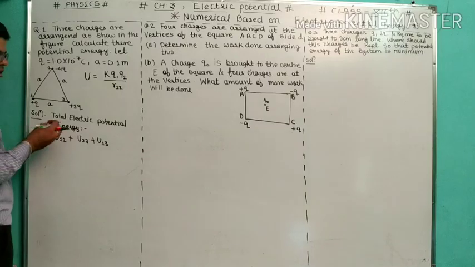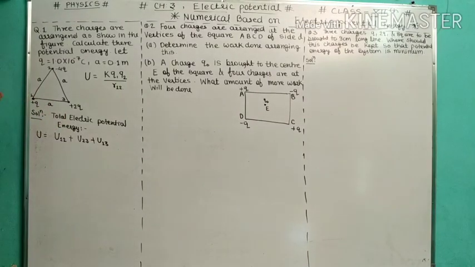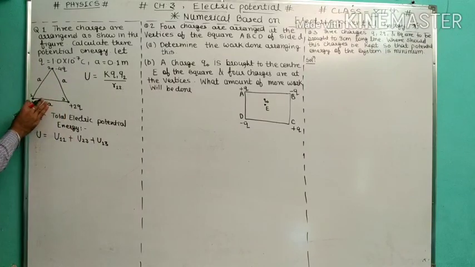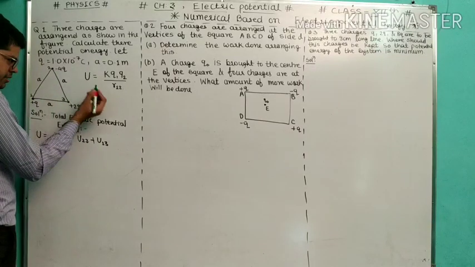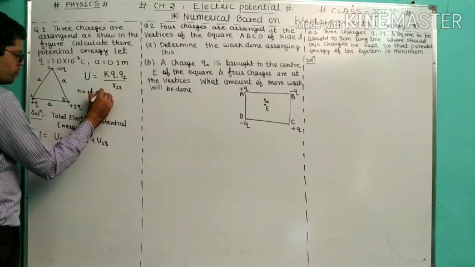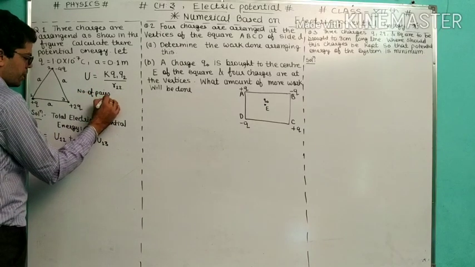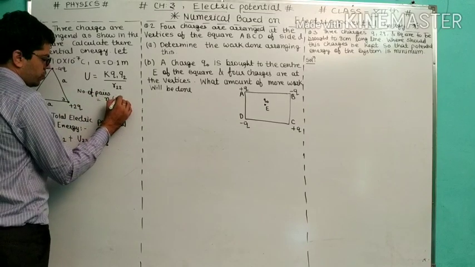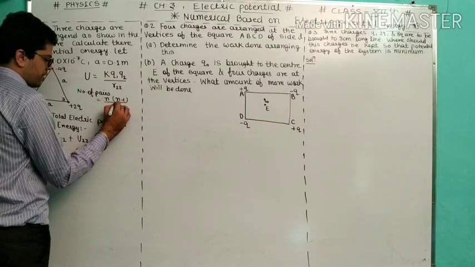If you are unable to apply the concept of the derivation and you want to know how many pairs will be formed from the diagram, the short trick is the formula for the number of pairs: n into n minus 1 divided by 2.